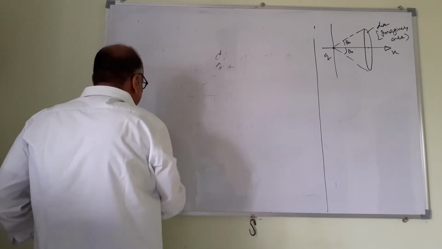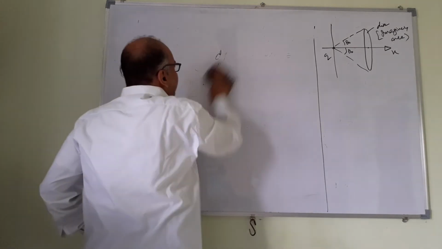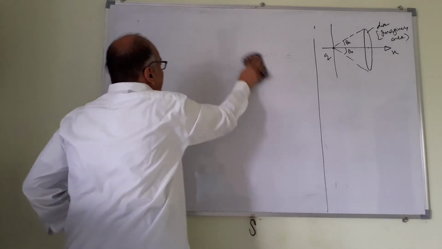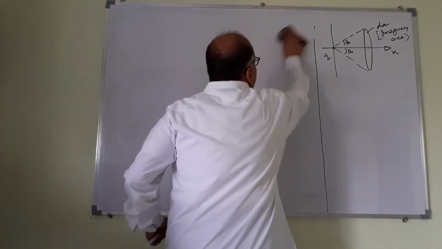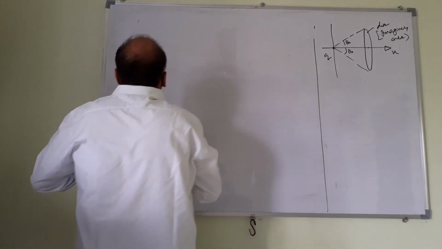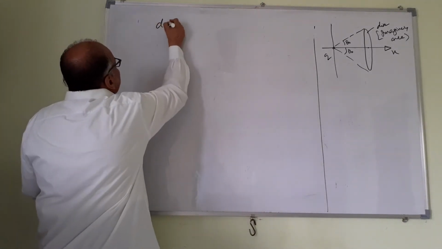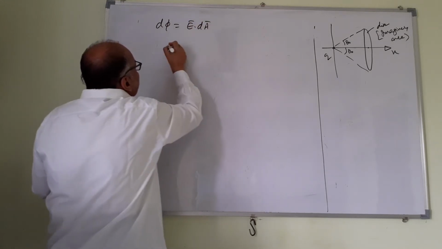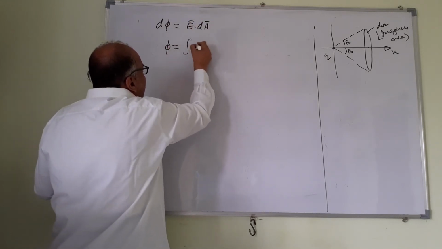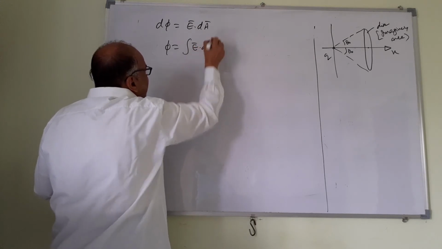The infinitesimal flux d phi through an infinitesimal area dA is E dot dA. So the total flux is integral E dot dA.